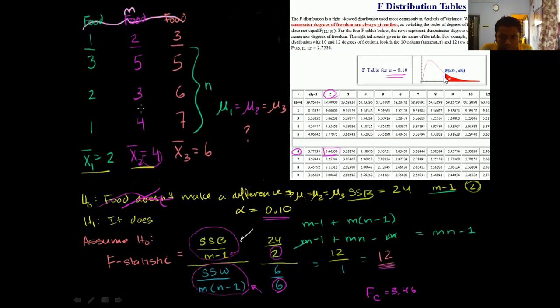In this zone, you cannot reject your null hypothesis, but in this case, you can reject your null hypothesis. So you reject the null hypothesis. That means there is sufficient evidence that the medicine or the food or the vaccine that you are implementing is making a difference.